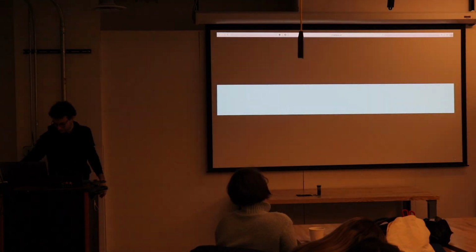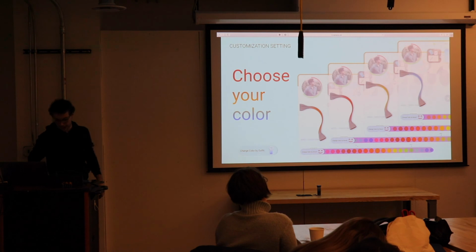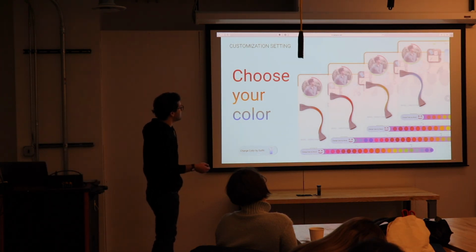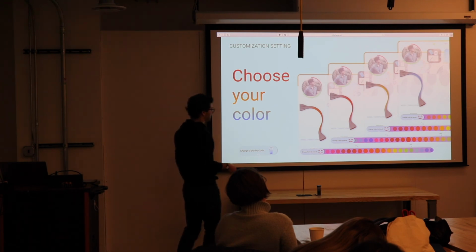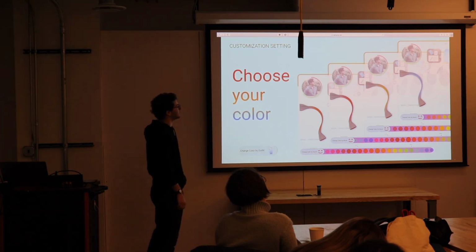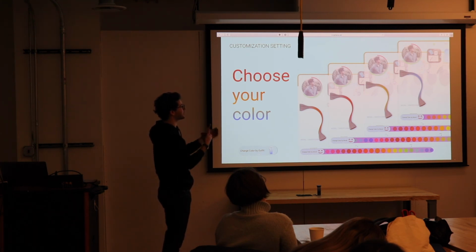Okay, and this is the customization setting on the interface. You can change color either by mood or by outfit. As you change the color on the interface, it changes the color of the object displayed on the interface itself.